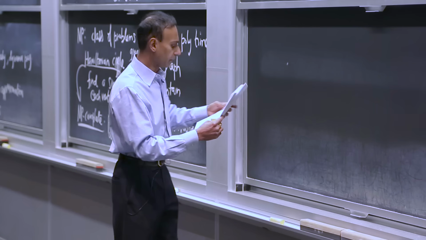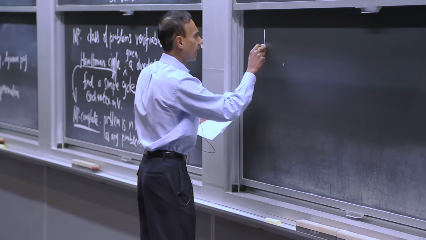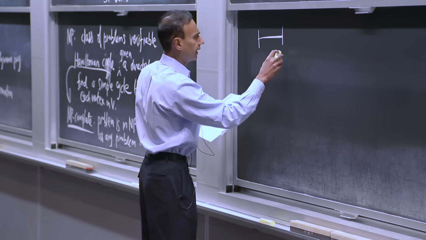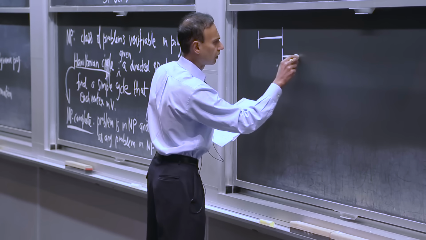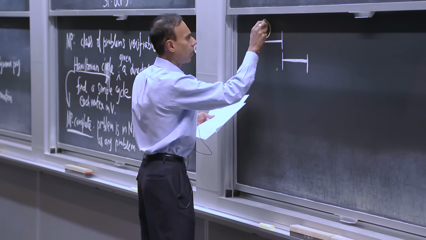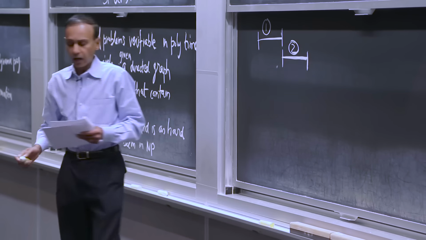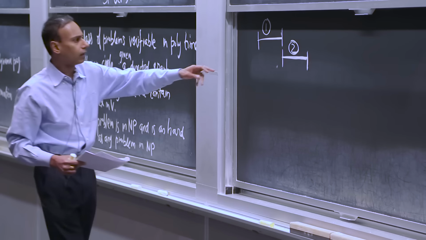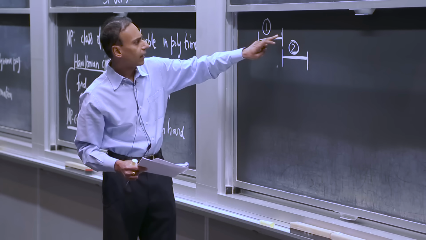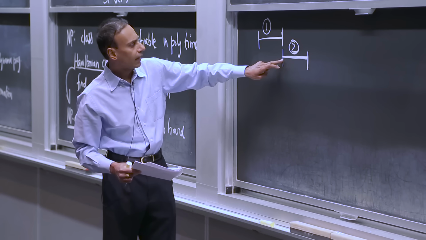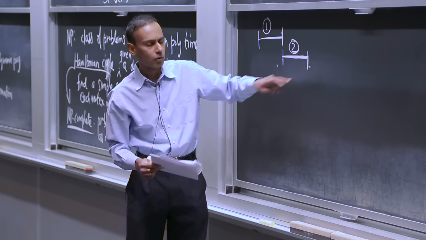So pictorially, you could look at it this way. Let's say I have intervals like this. So this is interval number 1, that's interval number 2. Right here, I have S of 1 out here, F of 1 out here, S of 2 out here, and F of 2 out here.